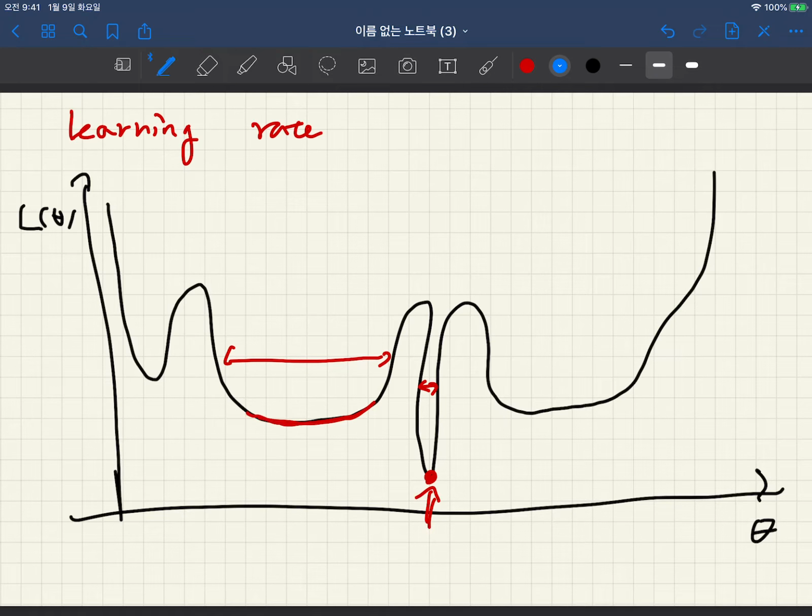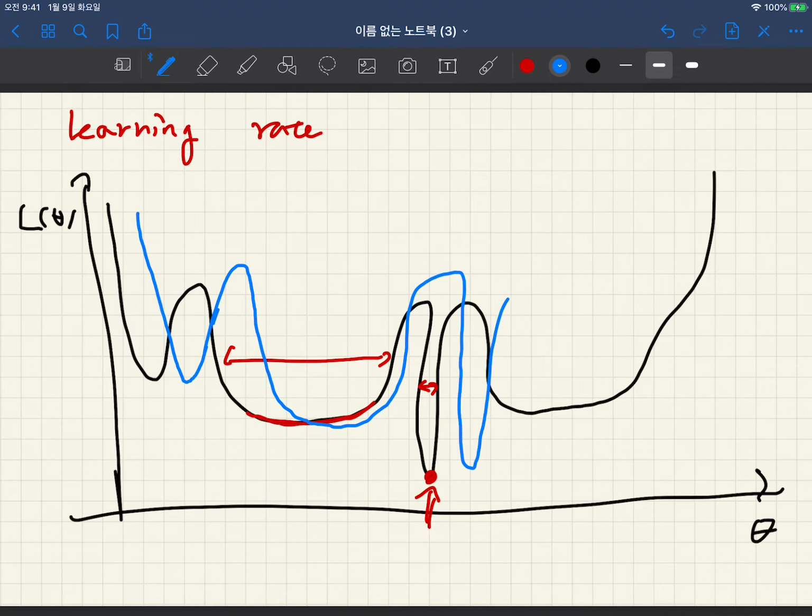So usually the test loss curve looks like the training loss curve, but not exactly. There might be some shift and some distortion from the training loss value, but if the valley is wide, there is a lot of overlap. And when the valley is very narrow, there is almost no overlap.